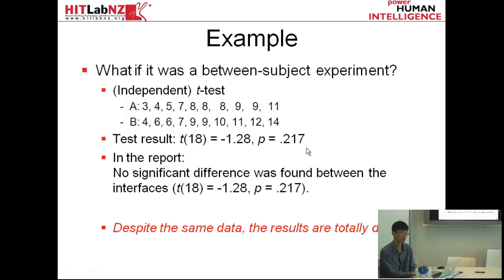So the p-value will be 0.21, which is not significant. So if you have chosen the wrong test based on misunderstanding what user study design you had, you might reach totally different conclusions, saying there is no significant difference, while there might have been a significant difference if you chose the right method.